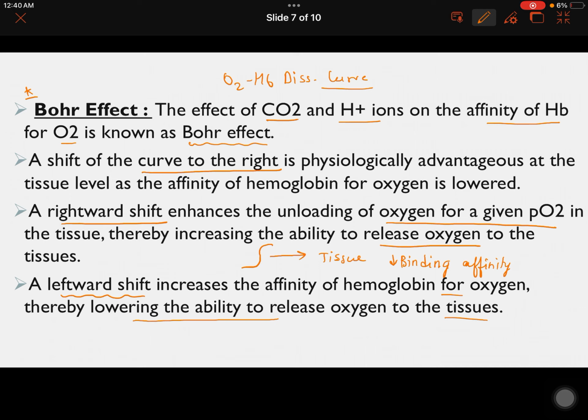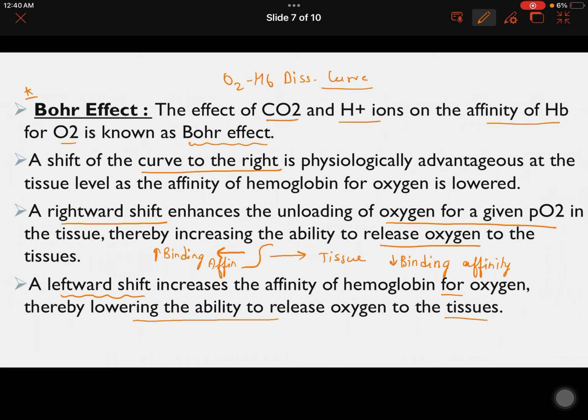If you are holding something very tightly, it has less likely chance to release, right? So if your S-shaped curve is going towards the left side, the binding affinity is increasing, that's why oxygen delivery might not be seen over there. Okay, so binding affinity will be increasing on the left side.